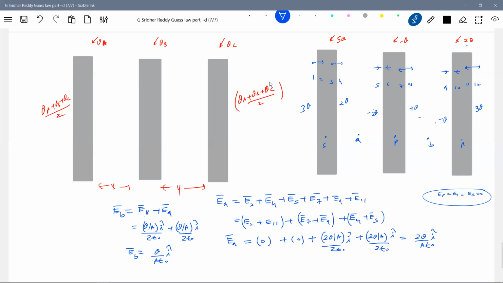Now similarly, you can pick up any point, not only here, you can pick up here also. So 2 plates, 3 plates. Okay, that's the basic idea. I think we'll have a break. After 10 minutes, I'll return.